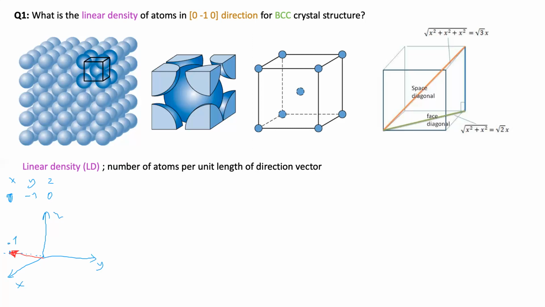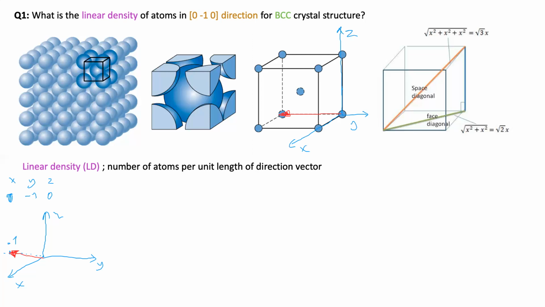We can try to plot it on the crystal structure as well. So let me draw it first. It will be something like this. If you like, you can also plot the axis. So the axis will be this X, Y, Z, and our direction will be like this.